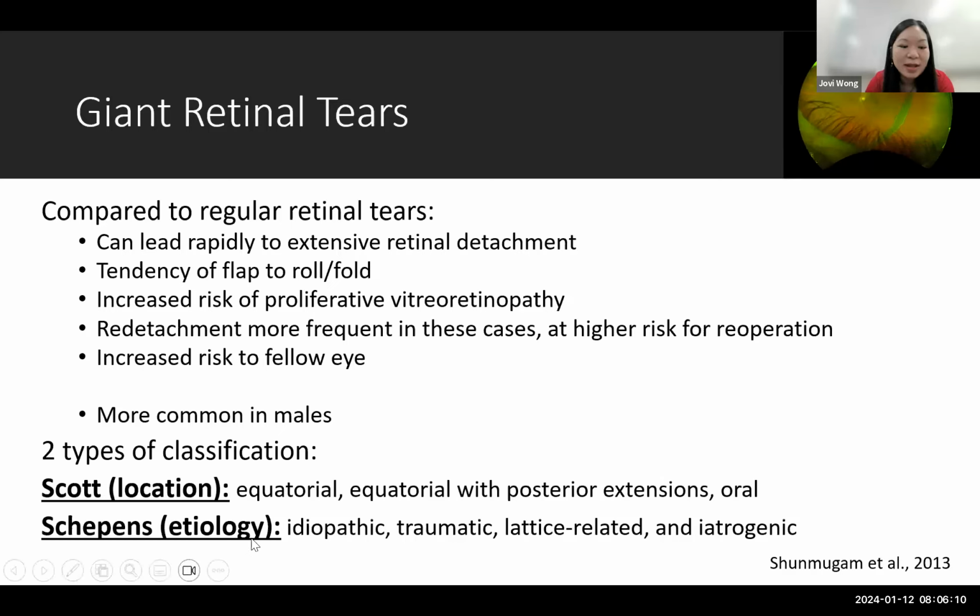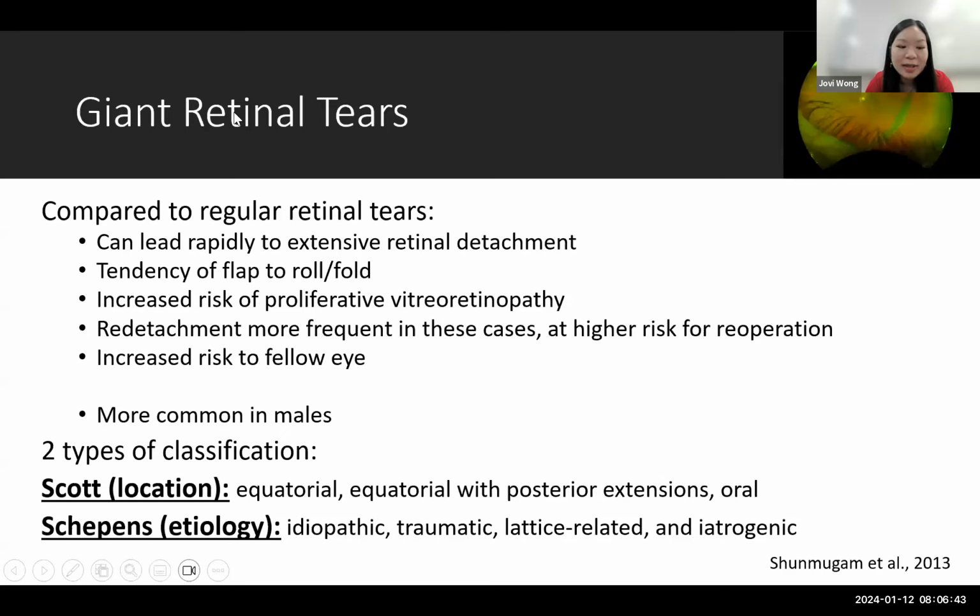And in terms of the classification of these giant retinal tears, there are two kinds. One is based on location, by Scott, and another is based on etiology, by Schepens. For the one based on location, we can consider the tears to be equatorial, with posterior extensions, which has some higher risk for worse outcome and worse detachment, and oral, being at the ora, and these are the least common.